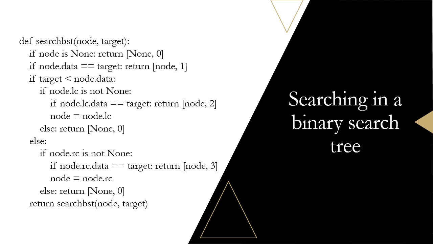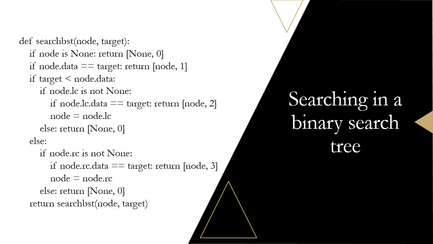At the end of this whole thing, we recursively call search BST. The target remains the same, but the node has been updated. It is either now the left child of the previous node or the right child of the previous node.